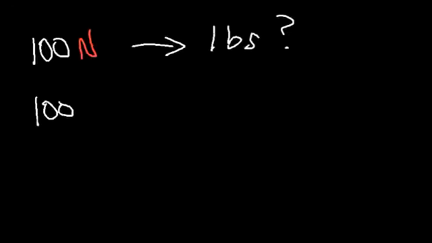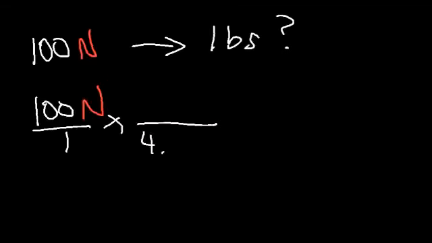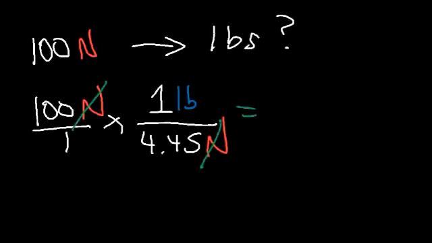So to convert it, let's use the conversion factor that I just gave you. So we said that there's 4.45 newtons per pound. So you want to set it up in such a way that the unit newtons cancel. So to convert newtons into pounds, simply divide the force by 4.45. And you should get 22.5 pounds approximately.